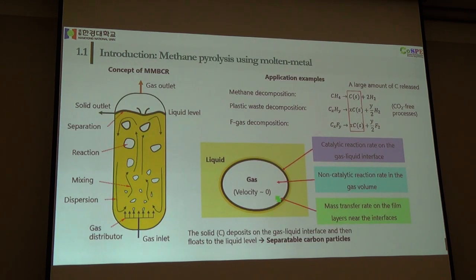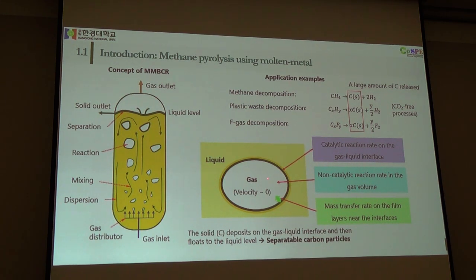Let me explain the key mechanisms in the bubble column reactor. When we inject the gas at the bottom of the reactor, the gas rises up, and the reaction can be divided into three mechanisms.